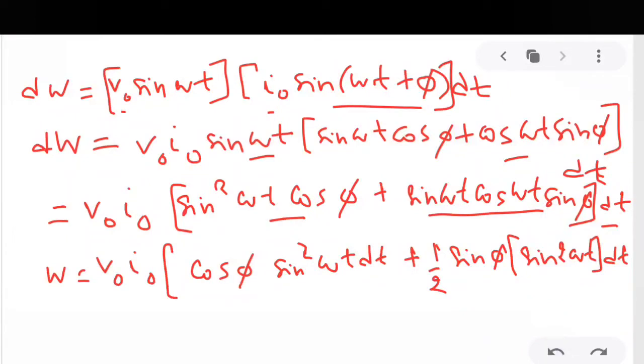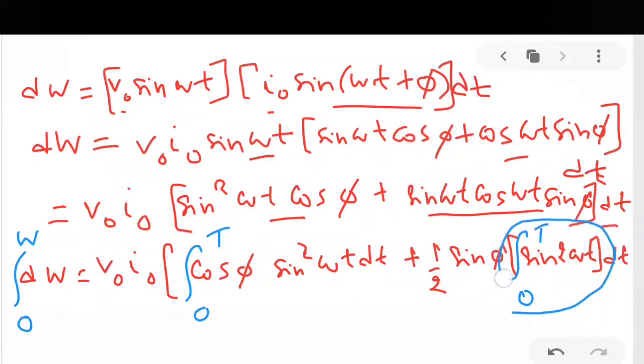So let us integrate it, from 0 to W, the total work done in one time period, so 0 to T. If you integrate this term, from 0 to T sine 2 omega t dt, this will give you the result 0.